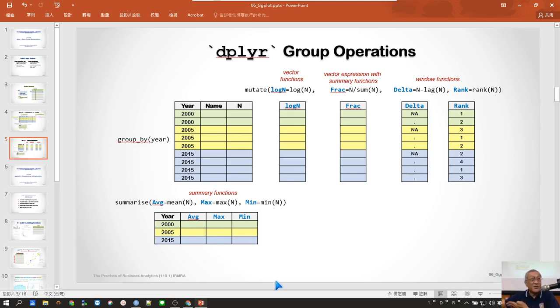So the last group variable is no longer needed, but the rest of the group variables will still be there. You need to remember this rule, otherwise you might make mistakes when doing group summary and group mutate.